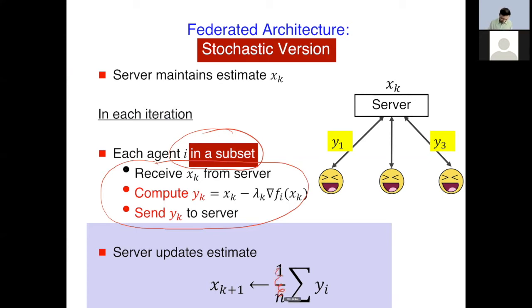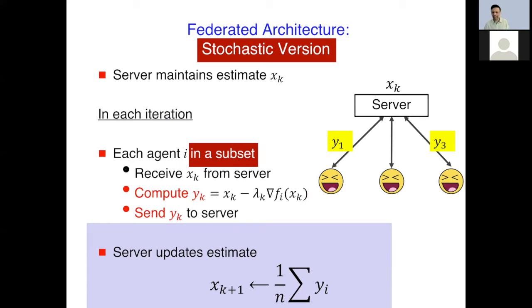If the subset size is, let's say, s, it should be 1 over s, where s is the number of agents in that subset. Okay, so I should not have said 1 over n here. It should be 1 over s, where s is the number of agents in the subset chosen by the server.